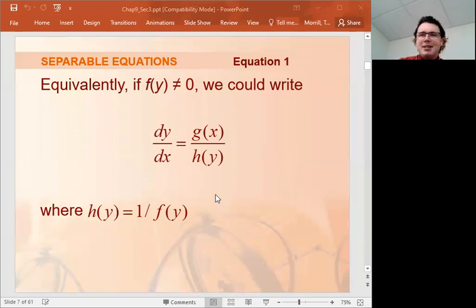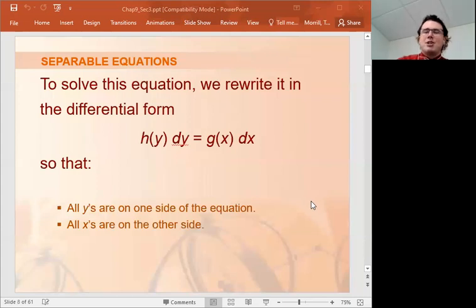And in that situation, well, I've got dy on dx equals this other fraction, so I can cancel out those denominators and I get h of y dy equals g of x dx. So there are my differentials. And I got this same rule just from manipulating the differential equation that I started out with.